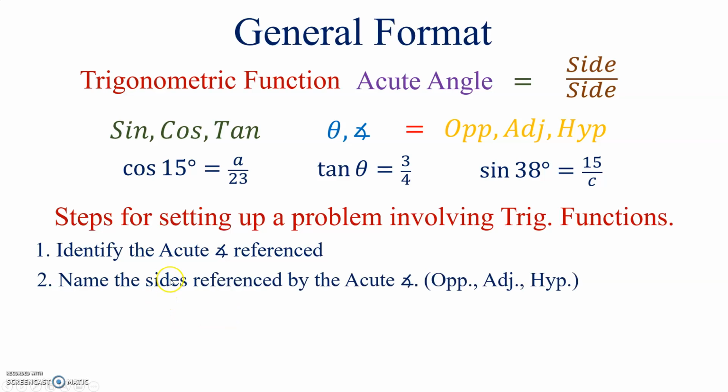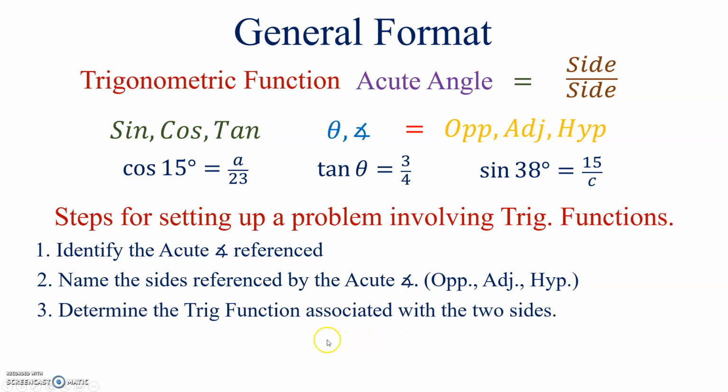Next, you'll name the sides based off of the referenced acute angle. So the sides will either be the opposite, the adjacent, and the hypotenuse. Now, of course, the hypotenuse is always the hypotenuse. It's the opposite and the adjacent sides that will change based upon which acute angle has been referenced.